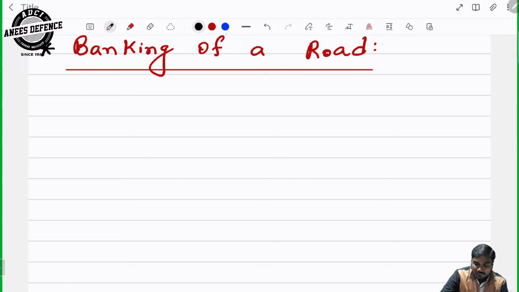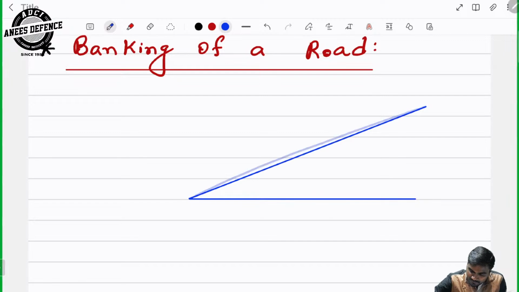I am drawing a diagram. Consider this diagram. This angle is theta, right?